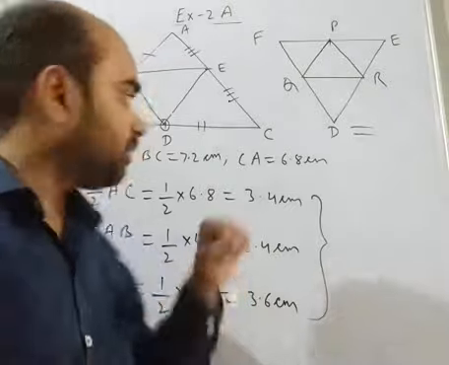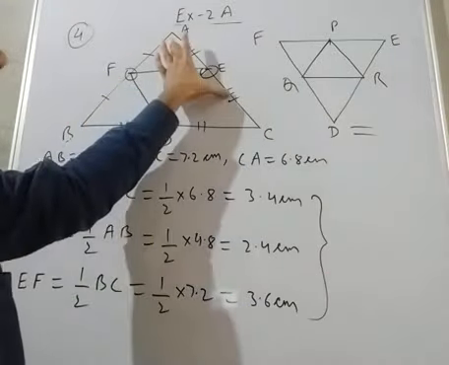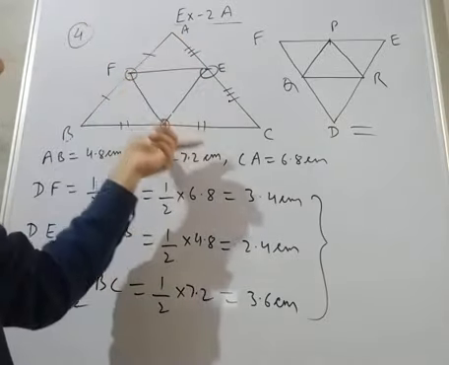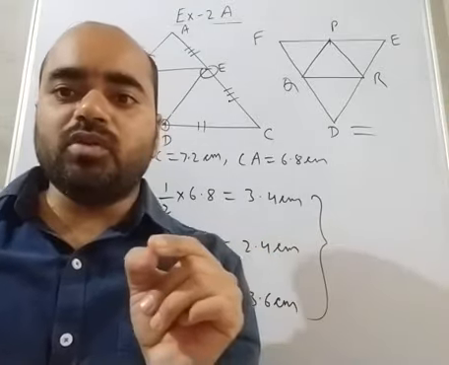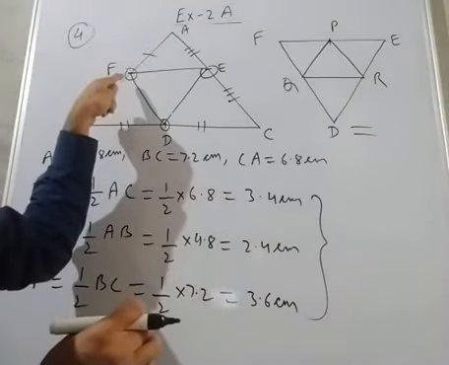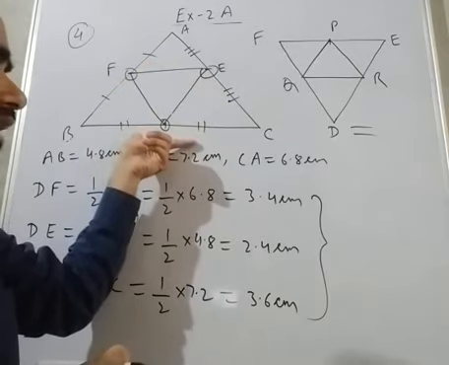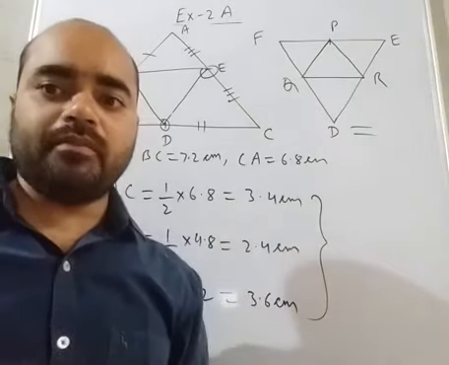Correct? What we have written: DF is half of AC, DE is half of AB and EF is half of BC. Correct? Whenever you join midpoints of two sides, like you are joining E and F, then this line segment will be parallel and equal to half of BC. Correct?